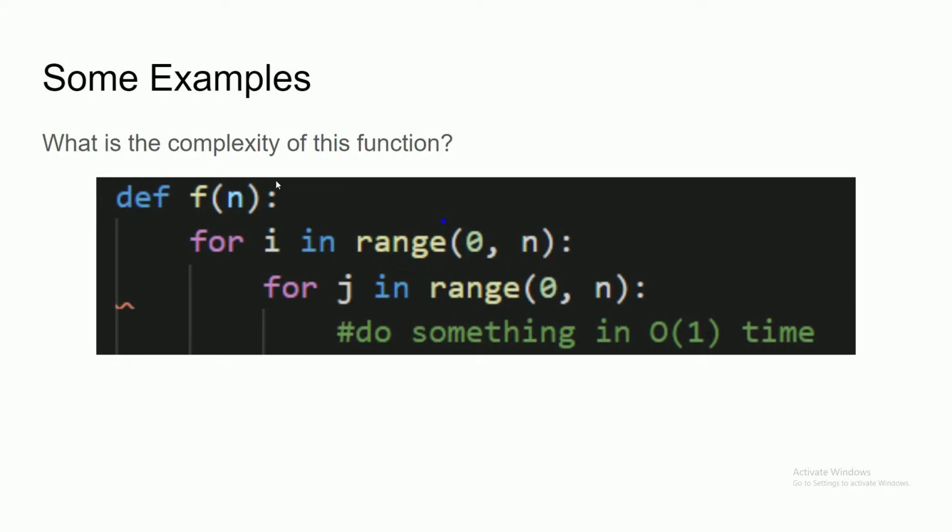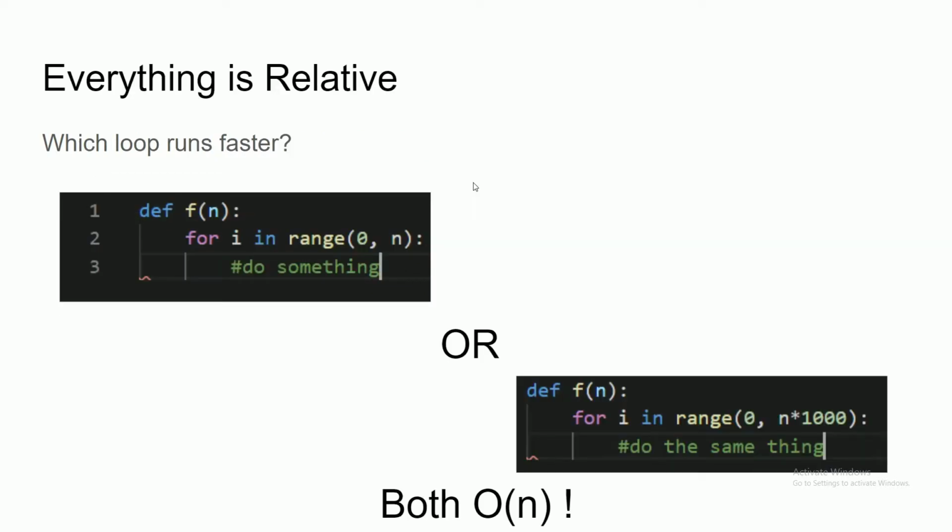So we'll walk through a few examples here. This is the bog standard example for a polynomial time algorithm, or polynomial running time algorithm, which scales worse than a linear time algorithm like we saw before.